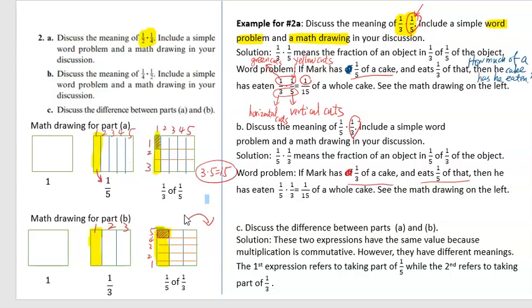And notice it's still going to be 1. So this is 1 row, 1 column, which is what he ate, compared to 5 rows and 3 columns, which is a total of 15. So again, 5 times 3 is also 15. The portion he got is 1 times 1, which is still 1, same as what he had in the previous question.